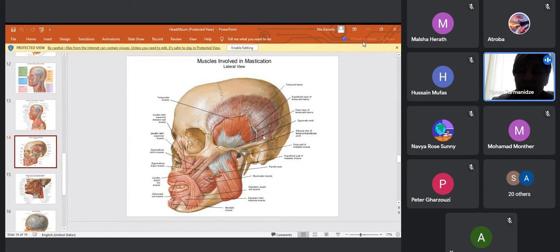Below the temporalis fascia is located the subaponeurotic space, the subaponeurotic fat connective tissue space, which is the third fat connective tissue space of this region, which downward communicates with the fat of the infratemporal fossa, which is located below the zygomatic arch.